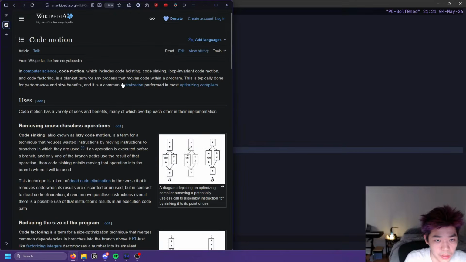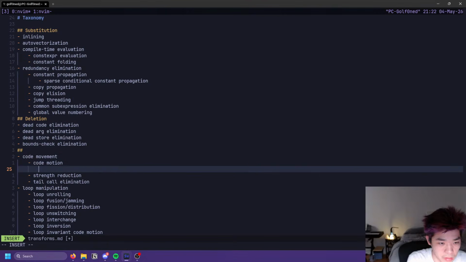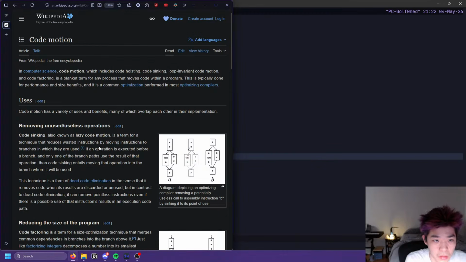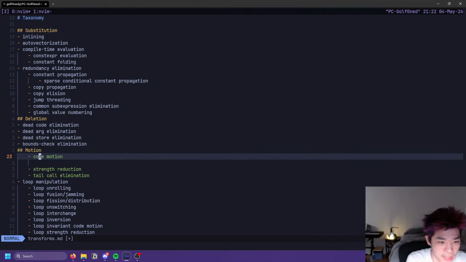Code motion. Hoisting, sinking. Okay. Motion, I guess? I don't know.